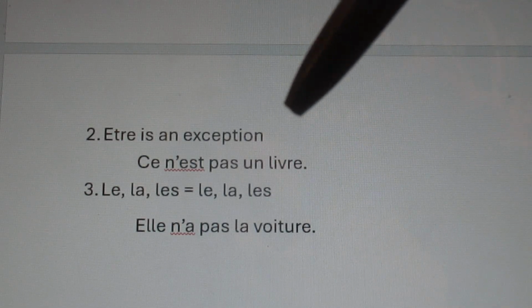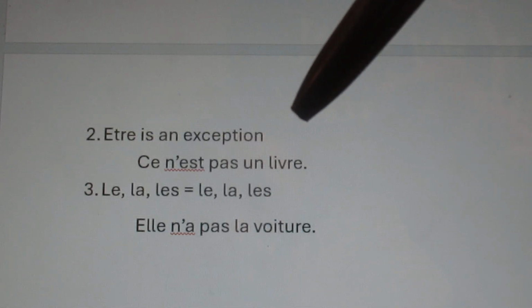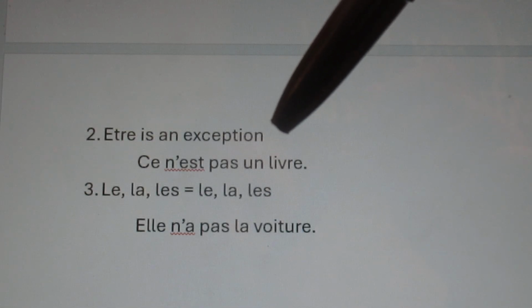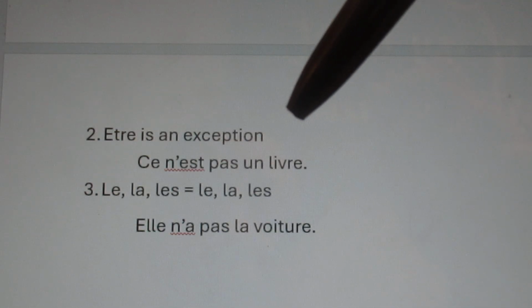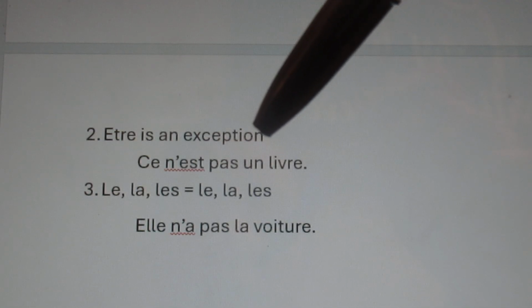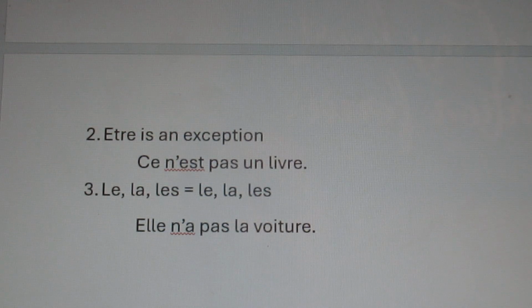If I had it without the negative, I could say c'est un livre, or I could say in the negative, like I have here, ce n'est pas un livre. My un did not change, and that's the exception, right? With the un, une, and des in the previous rule, we saw that it changed after pas. But if I use être, it does not change.